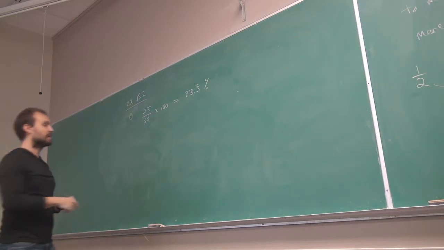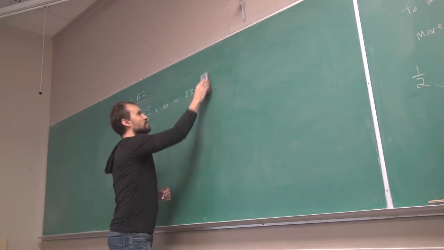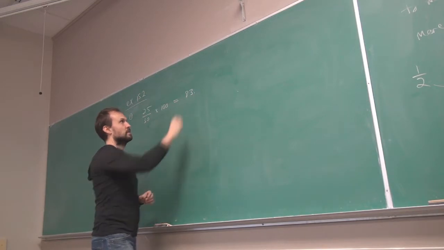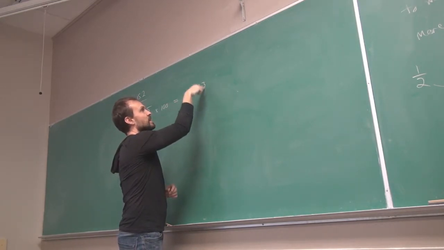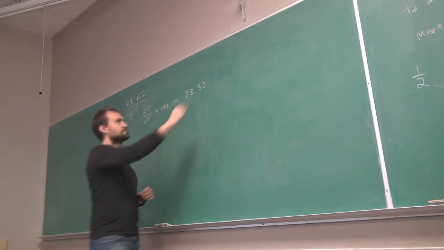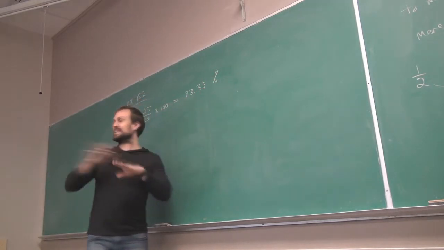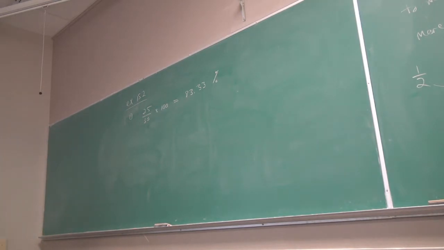What would it be then? 83.33, because the next digit is a 3, which is smaller than 5, so I keep it the same. So we'll have our blanket statement: we're always rounding to 2 decimal places.